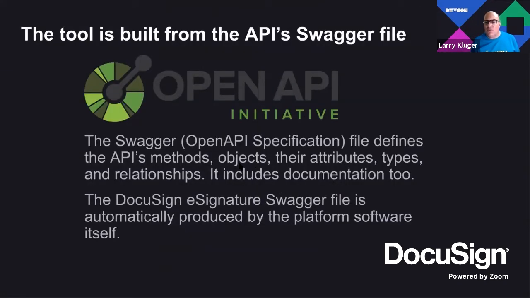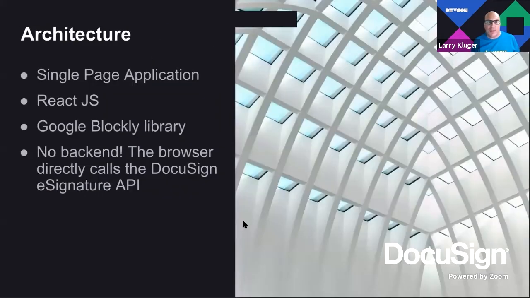Now, to figure out what object belongs to what other object and so forth, the Docusign e-signature Swagger file is used, which we also open source, and so that's available to you. And it's automatically produced by our Docusign platform software. And there's a new version about once a month.